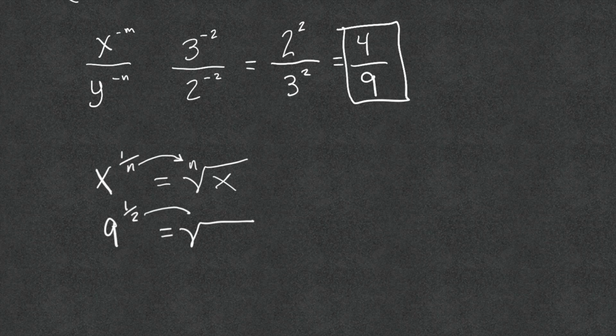Even though we don't generally write square roots, the 2 up there, I'm going to go ahead and do that just so you can see where that 2 goes. And then 9 goes there. These are equivalent statements. Then I can consider the square root of 9, which is 3. This is a really foundational relationship between square roots and exponents.